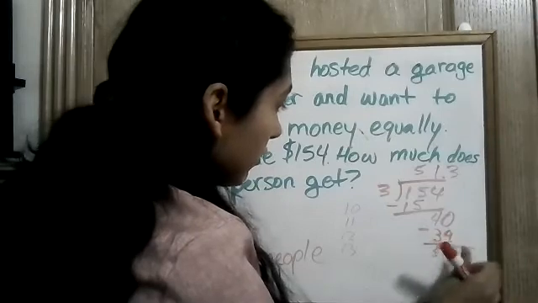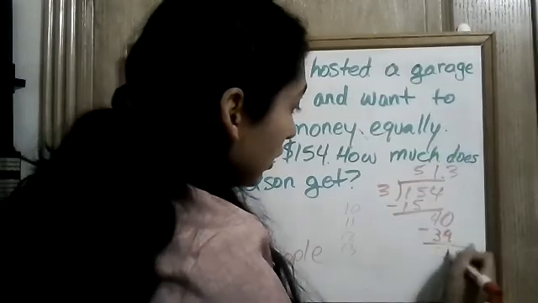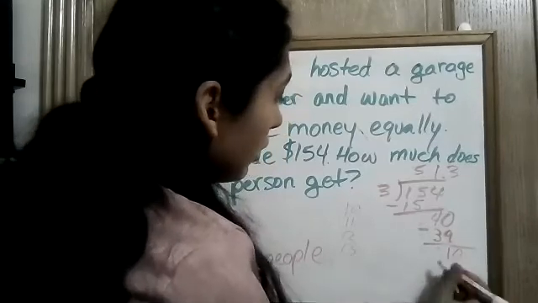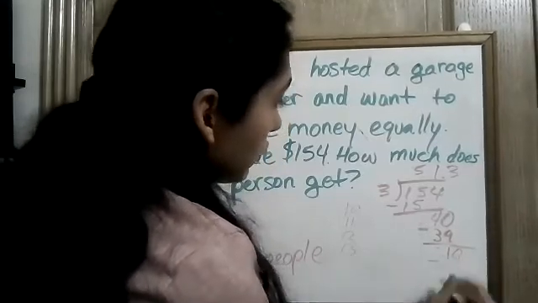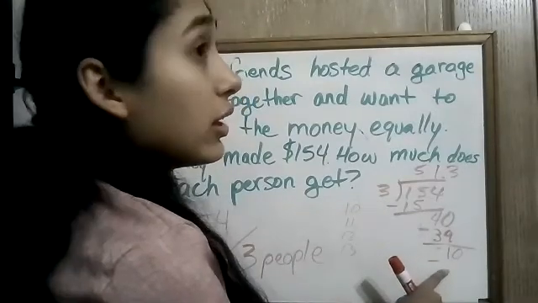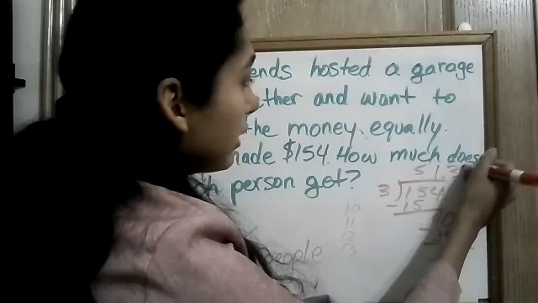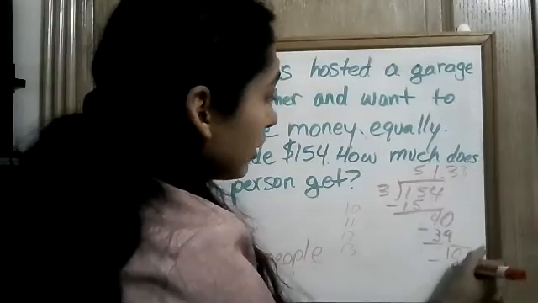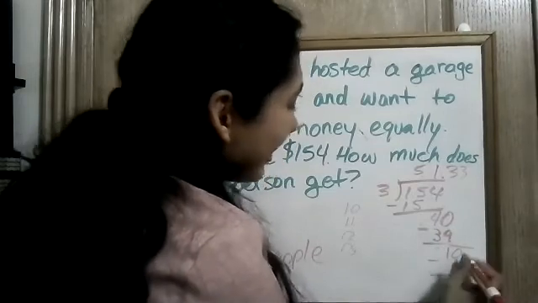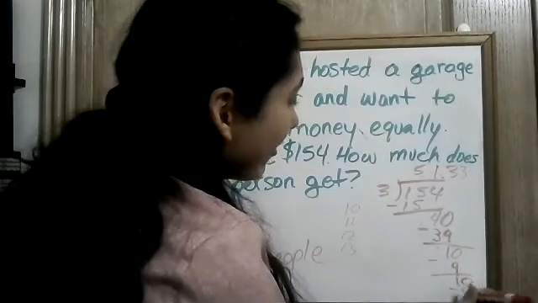Okay, we get one number, so we have to again drop another 0, so we get 1. So how many times do we have to multiply 3 to get a close number? That's 3. We have to multiply 3 by 3 to get 9. And oh no! This is a repeating thing that's going to happen again and again forever and ever.